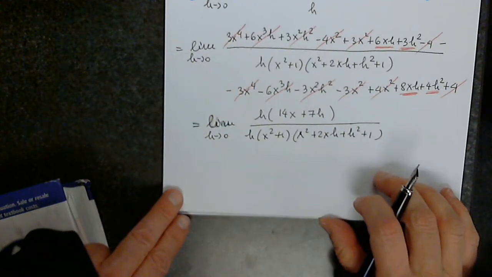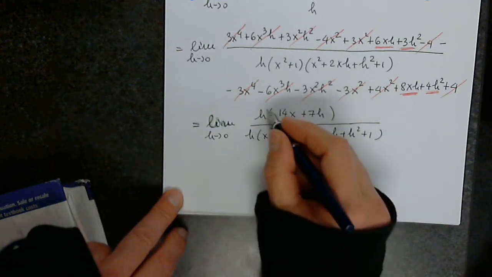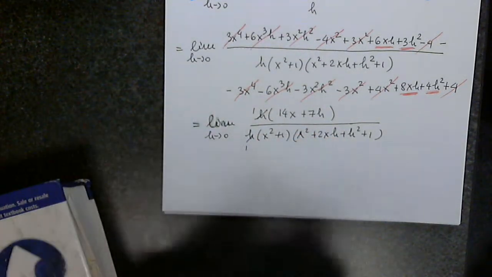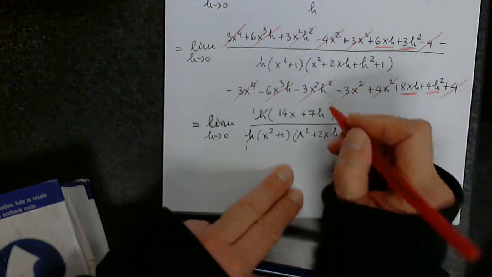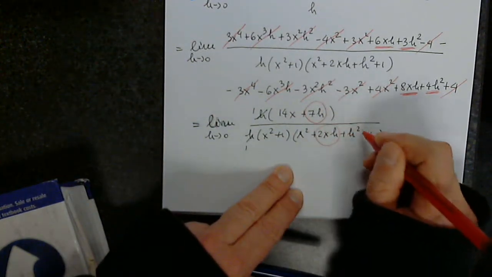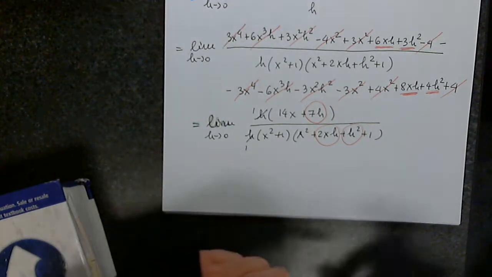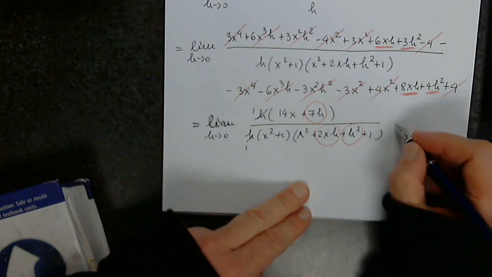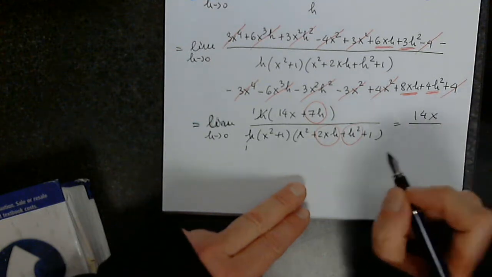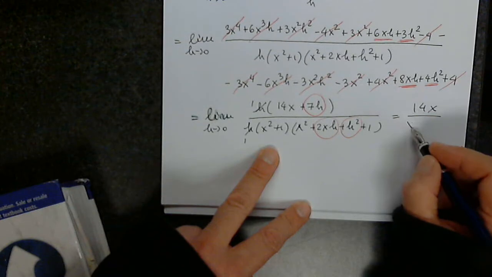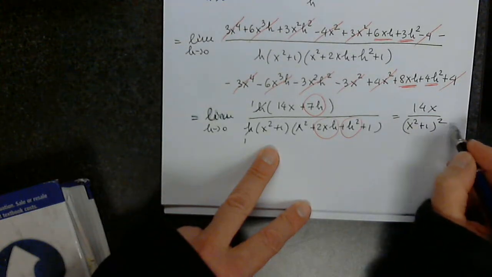Correct? These two go away, 1 and 1, and now h approaches 0. These terms are gone because h approaches 0. So then the numerator is 14x, and the denominator is x squared plus 1 times x squared plus 1, which is x squared plus 1 squared.